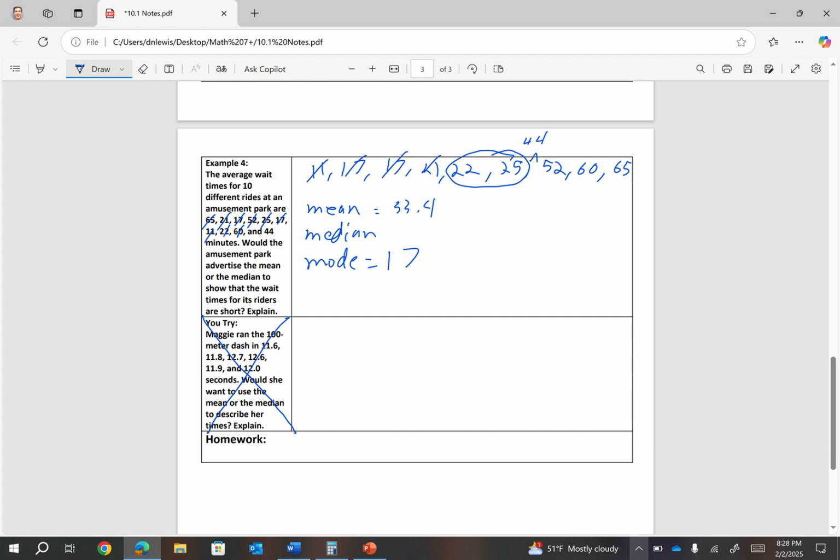And our median is in between 22 and 25, so 23.5.